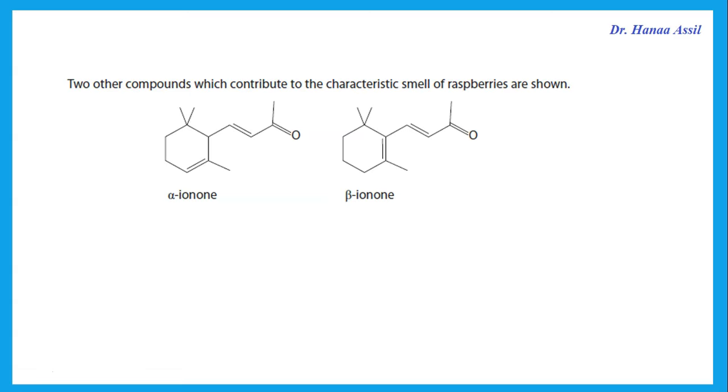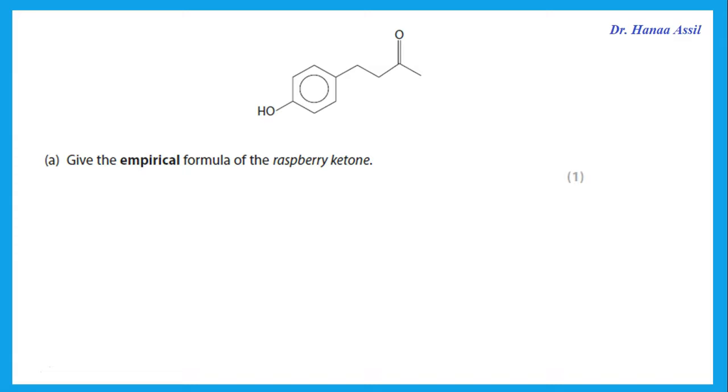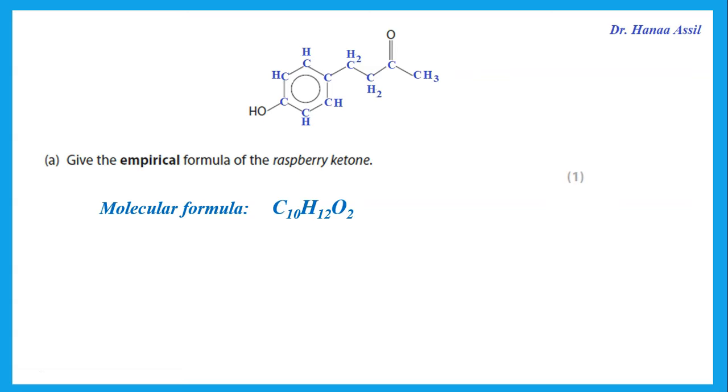Two other compounds which contribute to the characteristic smell of raspberries are those shown, the alpha ionone and the beta ionone. And the first question says, give the empirical formula of this compound. In order to get the empirical formula, we get the molecular formula first. So I always look at where are the carbons, where are the hydrogens, the total number of carbons, hydrogens, and oxygens.